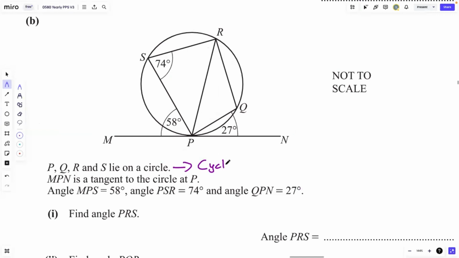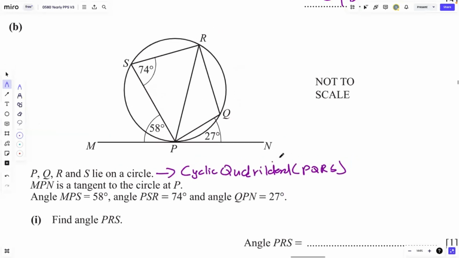This means we have a cyclic quadrilateral PQRS in which the opposite angles add up to 180.